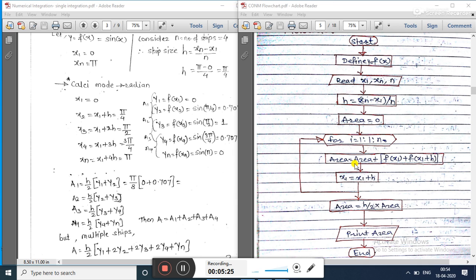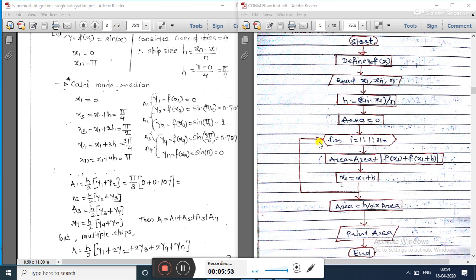The last value of the summation, that area, comes back, plus f of the new value of x1, which is x2, f of x2 plus f of x2 plus h, which is nothing but x3. f of x2 is y2, so y2 plus y3. This is stored again in area. x1 is replaced with x2 plus h, that is x3.